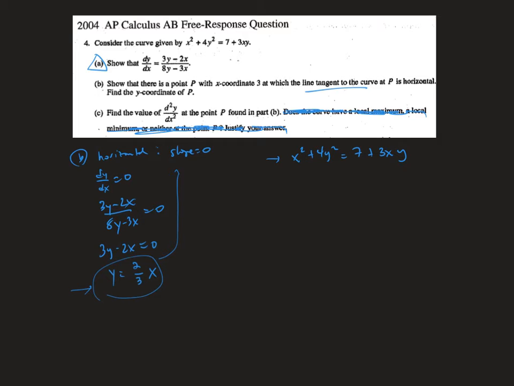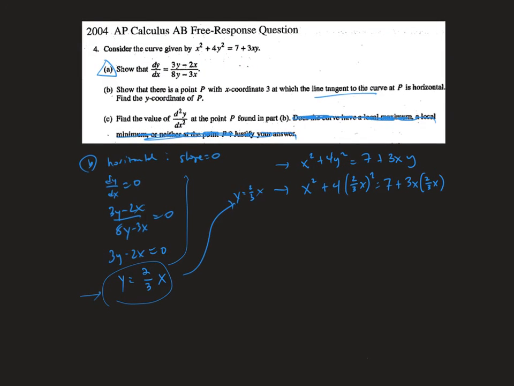So I'm going to replace all the y's in my original with this y equals 2/3 x that I got from making my slope 0. And now I'm going to start multiplying stuff out and solving for x.